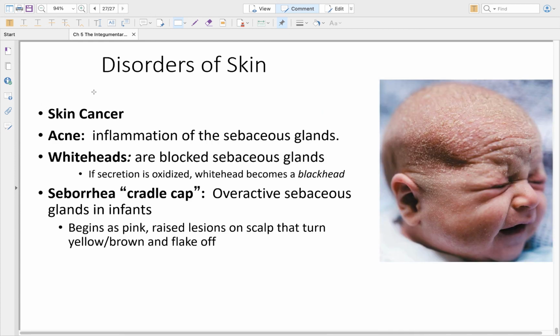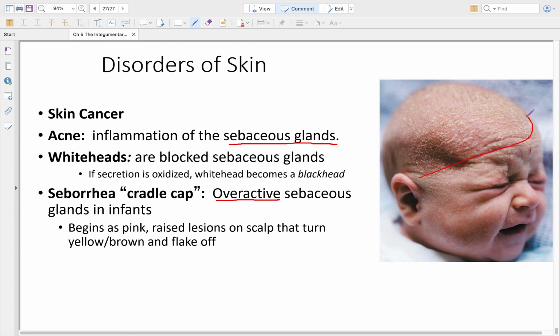Other disorders of the skin are acne. Acne is when the sebaceous oil glands are inflamed. Whiteheads are when they're blocked, and once oxidized, they become blackheads. Now this one is interesting. Sometimes if a sebaceous gland is overactive, which tends to happen in newborns, they'll get something called a cradle cap.